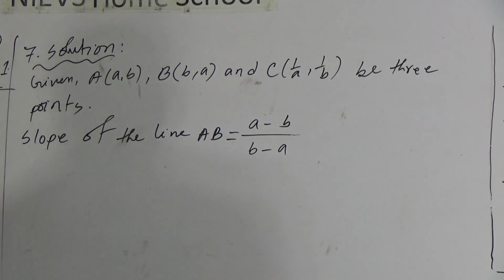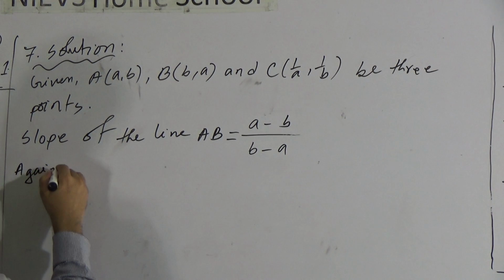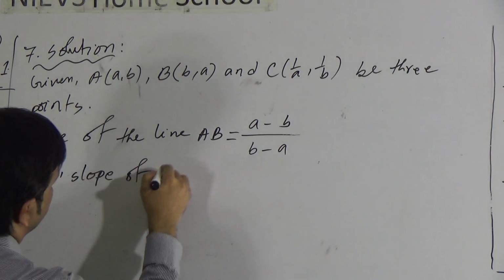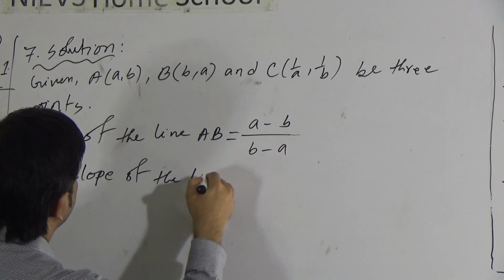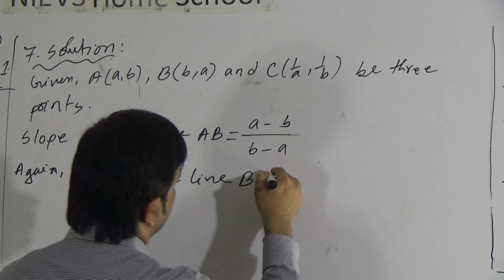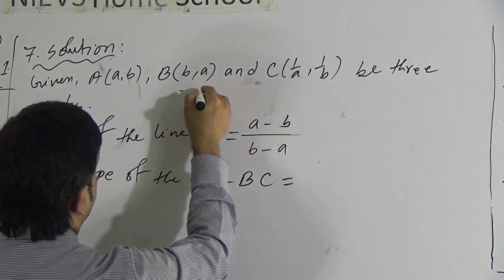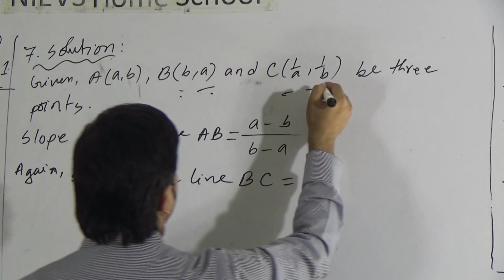Now we can write again slope of the line BC. That will be x1 y1, x2 y2.